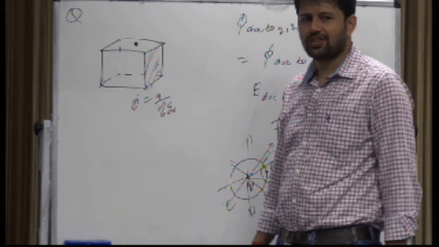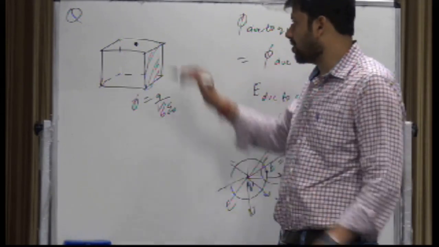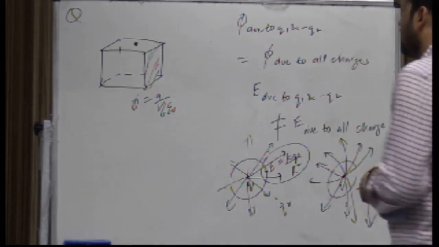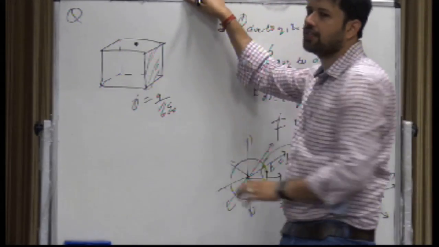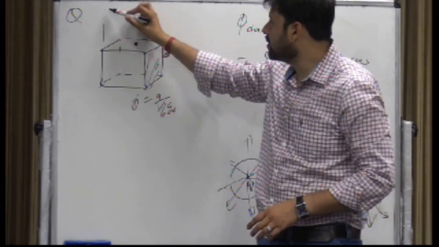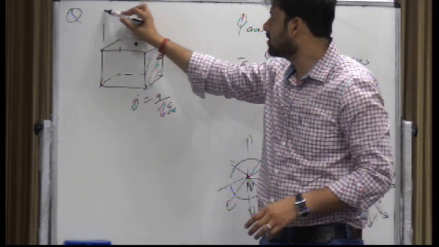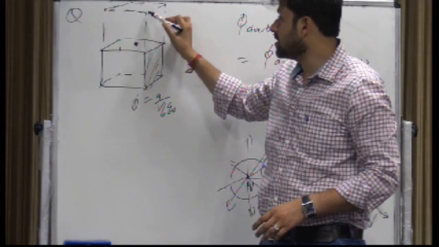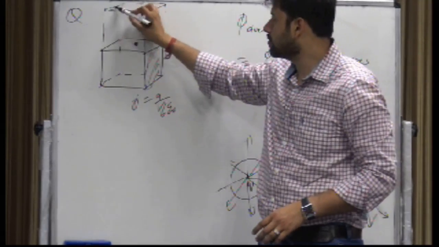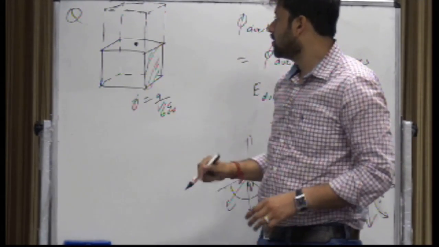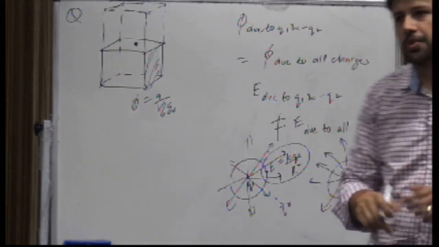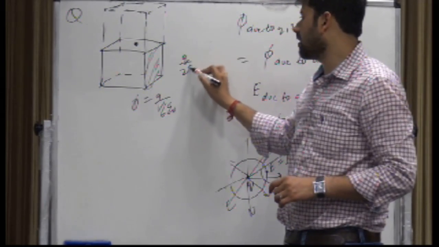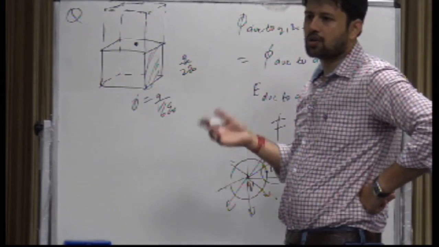No, we cannot say that yet, you cannot say upper and lower. See, if I say the charge is placed at the center of a face, and if I draw another cube, it would enclose the charge completely, and Gauss law is valid for charges inside. Which means these two cubes would be sharing the charge equally. So flux through one cube would be q by 2 epsilon naught. What about any side?